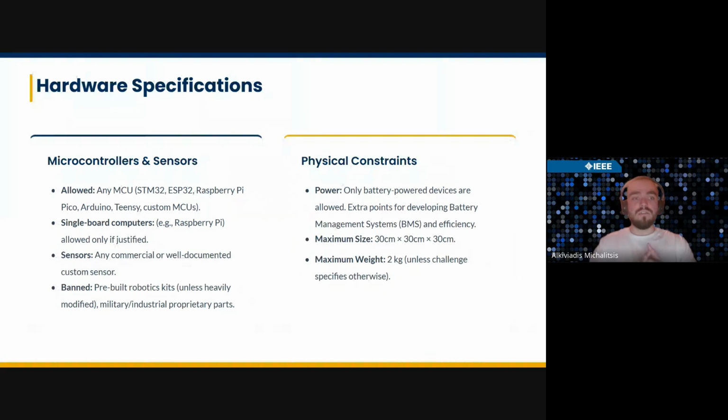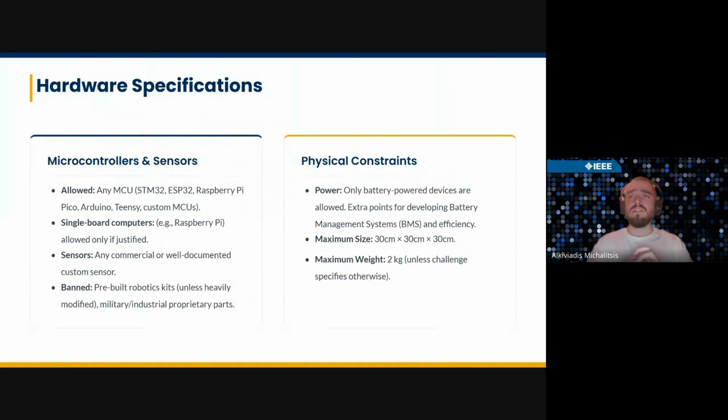Regarding the sensors, you are allowed to use any commercially available sensor, as long as, of course, you provide its pricing, use case, and the need for it.